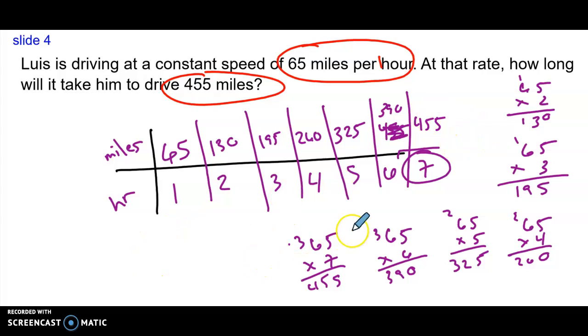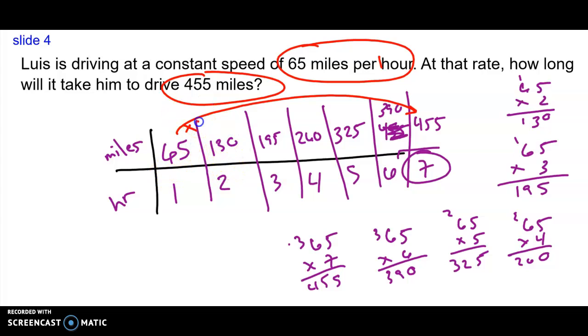Now that was a lot of work. Personally, I would not have done that. I would have said, wait a minute. How many times will 65 go into 455? I could have multiplied by a number. Well, if you don't know what to multiply by, what's the inverse of multiplication? Division. So I could have taken 455 divided by 65, and you would have gotten 7.